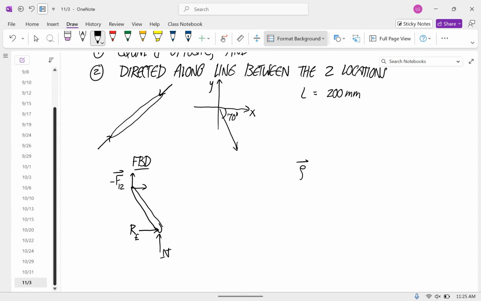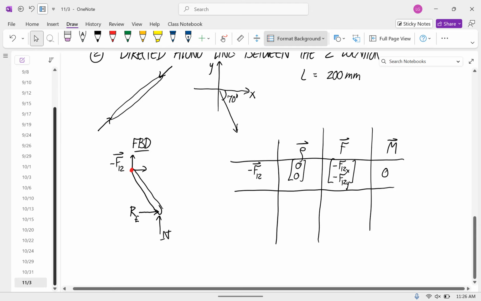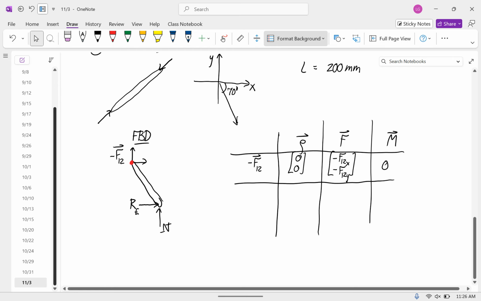Okay, so rho, force, moment. I guess I'll put my about point here. So negative F12 has a rho vector of 0, force vector of negative F12x, negative F12y, cross product of 0. And then RE.